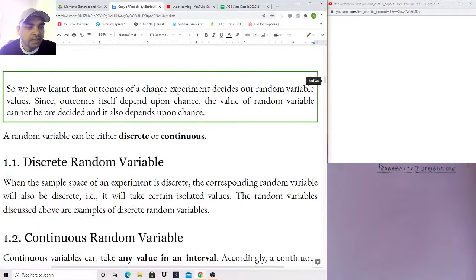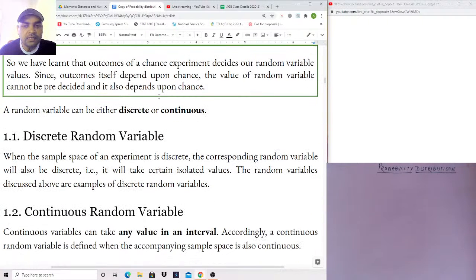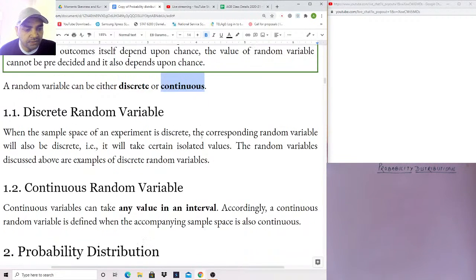Then we discussed that the existence of this random variable depends upon chance. Then we discussed two types of random variables, that is, one is discrete, and the other is continuous.